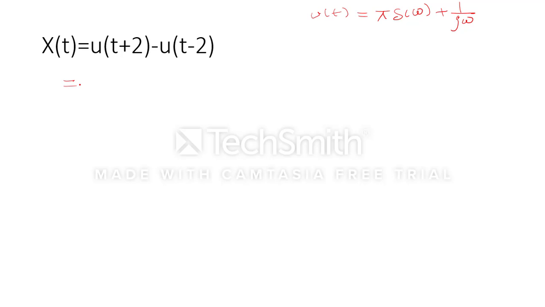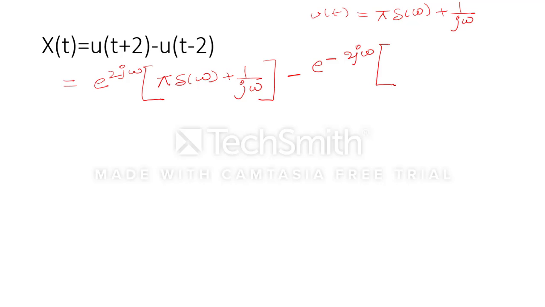Because time shifting is there, the exponential with the same sign will come, e^(2jω) multiplied by πδ(ω) + 1/(jω). In the same way, minus e^(−2jω) multiplied by πδ(ω) + 1/(jω).